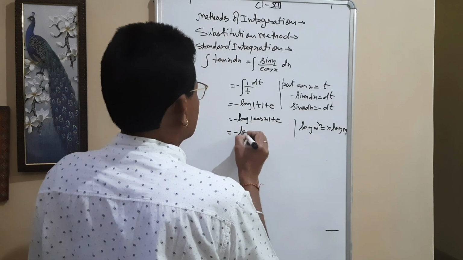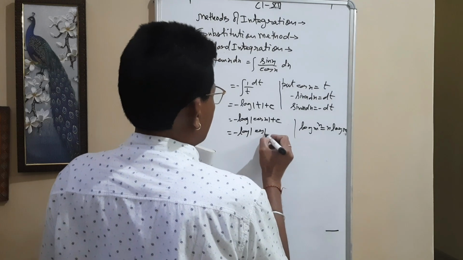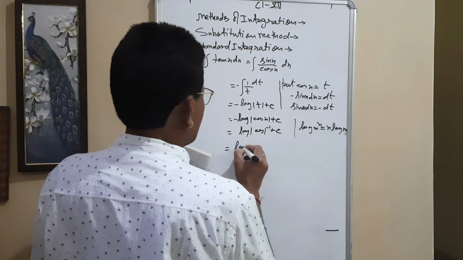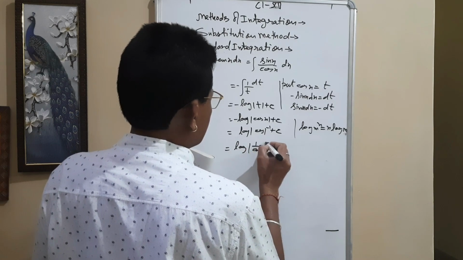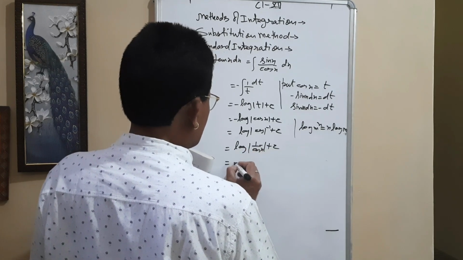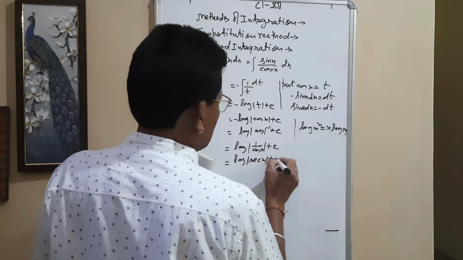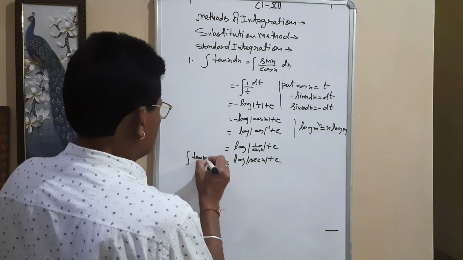It will be equal to minus log cos x to the power minus 1 plus c. It will be equal to log of 1 upon cos x plus c. It will be equal to log, my dear student, absolute value of sec x, and it is the integration of tan x.